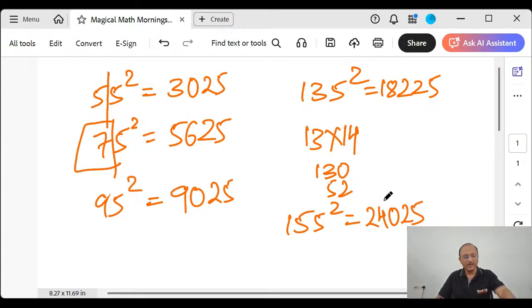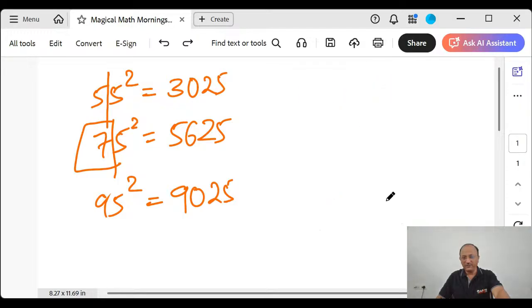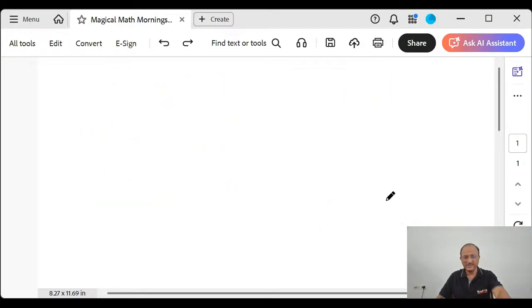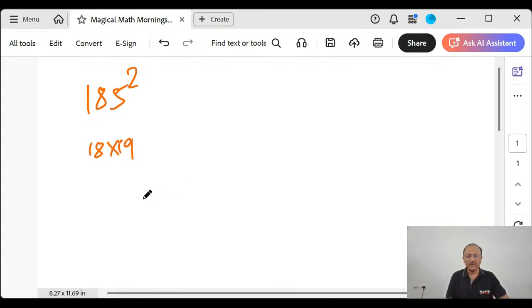You people, very good. Let's find out 185 square. Try this. 185 square. Think 18 into 19. Yes. 18 into 19. 18 square is 324. Just add one more 18 to that one. Or else 18 tens are 180.